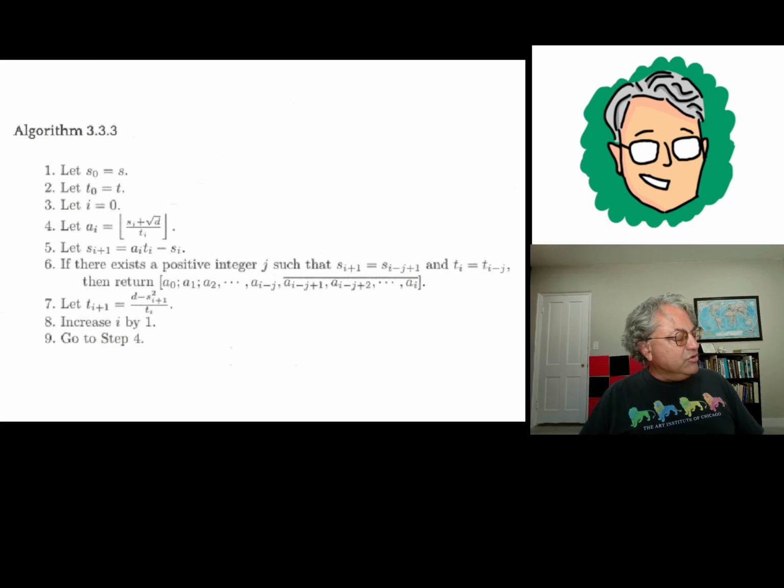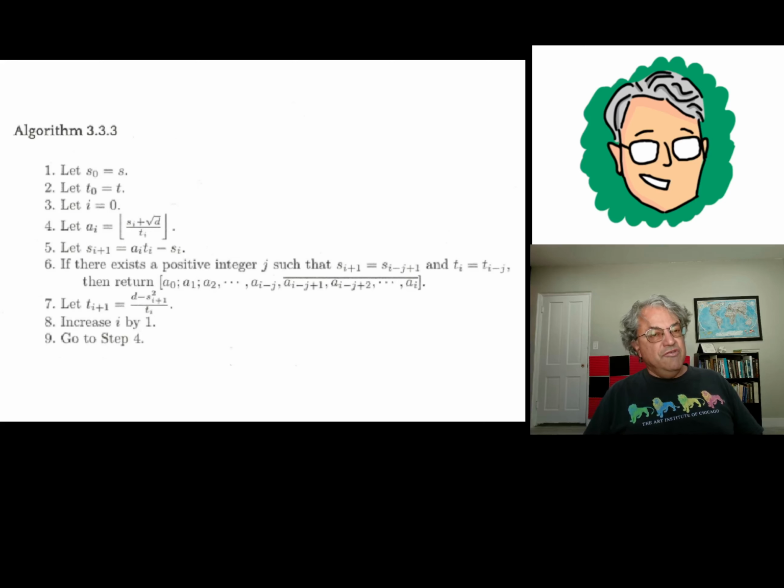Then we apply this algorithm recursively starting at step 4. We let a sub i be the floor of s sub i plus square root of d, all over t sub i. Since s0 is s and t0 is t, you see that a0 is just the floor of the number we started with, which is what it always is.